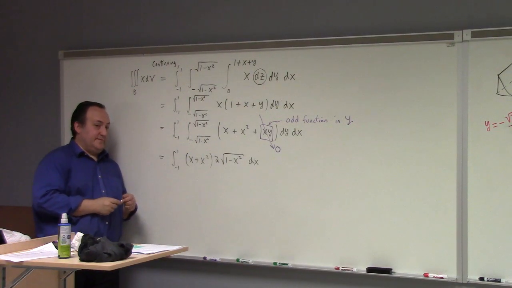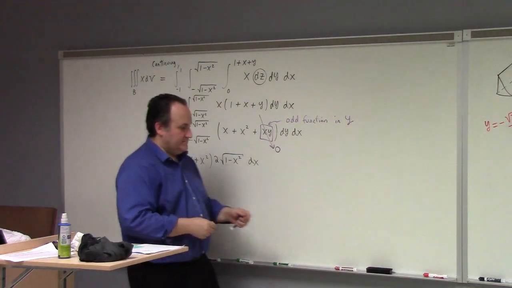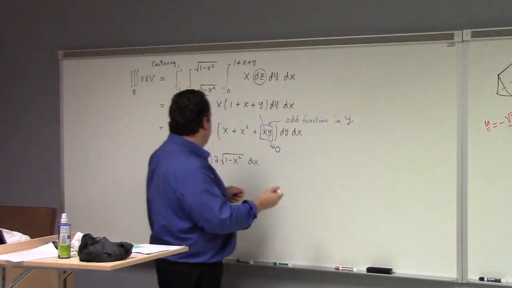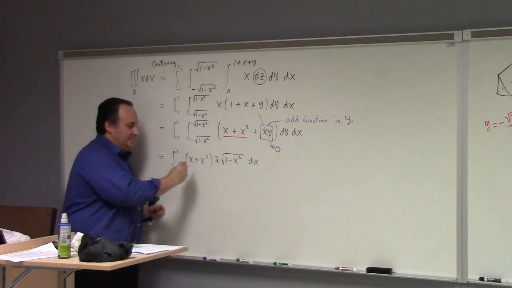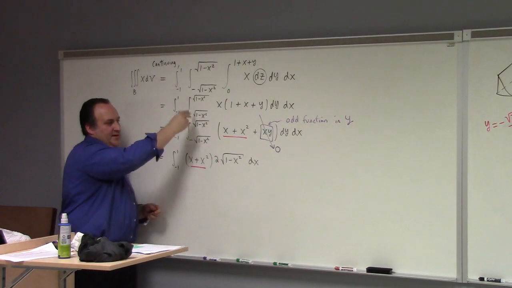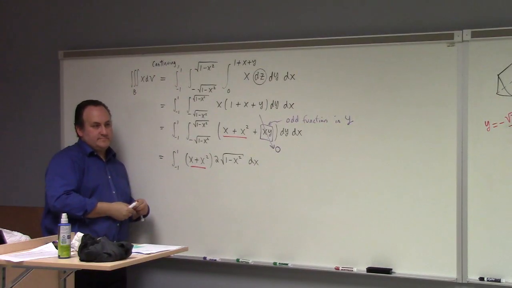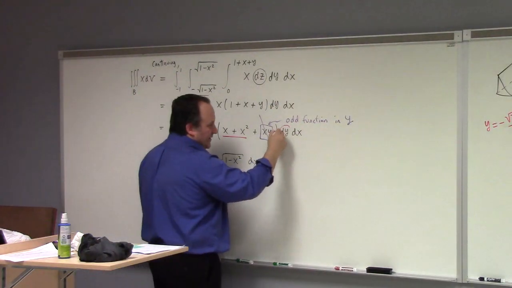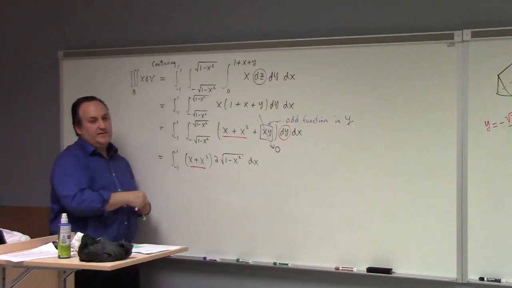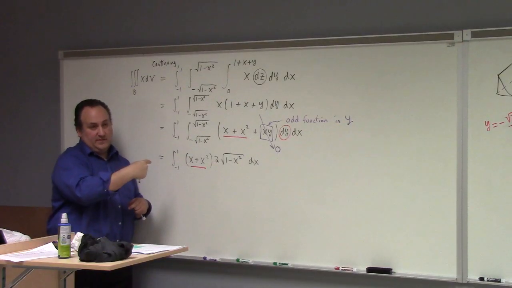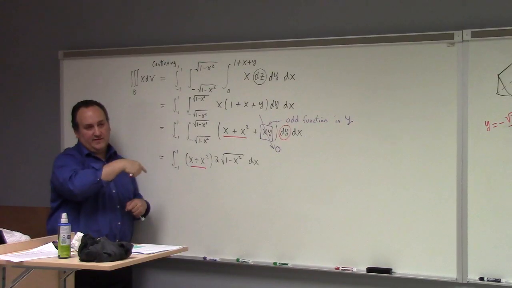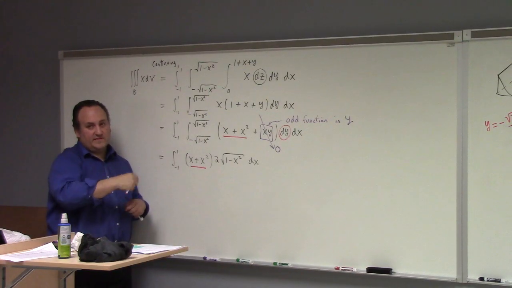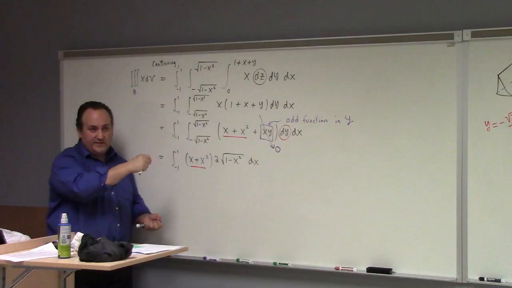So I'm using a trick again. What I'm saying is I'm integrating this function, x plus x squared, over this bound. I'm doing the integral with respect to y. There is no y function here. So I'm integrating a constant over that integration region. Whenever we integrate a constant over an integration region, the answer is the constant times the length of the integration region.